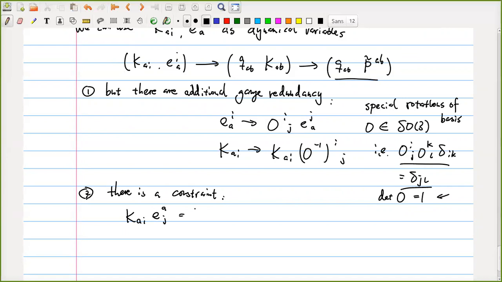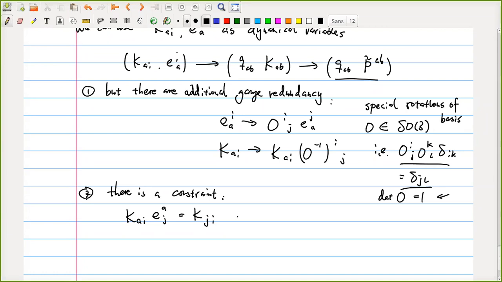What we get is K_J^I, which means we also get components of the first slot. Remember K_JI is just a component of K_AB, and K_AB is a symmetric tensor, so K_JI is also a symmetric matrix.